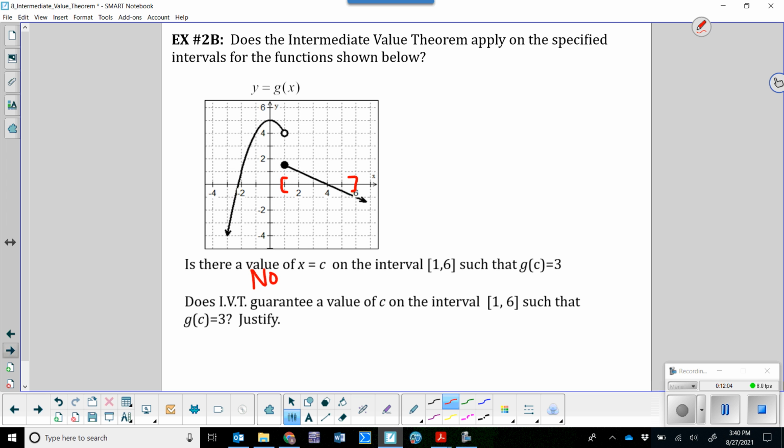Does this interfere with the intermediate value theorem? Like, was there supposed to be? Does it guarantee it?